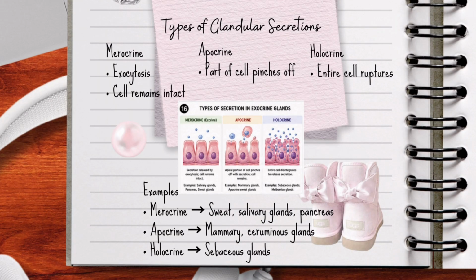The entire cell fills with secretory products and eventually ruptures, releasing everything at once. The destroyed cell is then replaced by a new one. This is how sebaceous glands produce the oil that lubricates and protects the skin. A simple way to remember these mechanisms is: merocrine, the cell stays intact; apocrine, part of the cell is lost; holocrine, the whole cell is sacrificed.